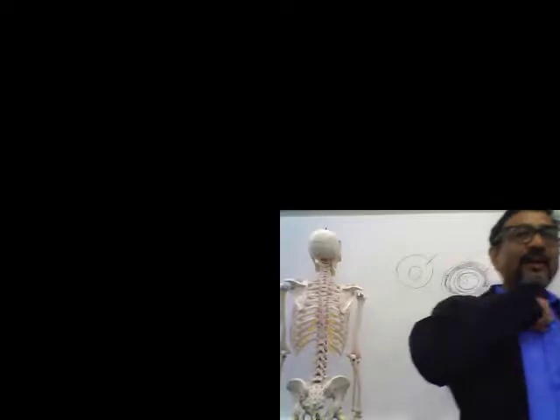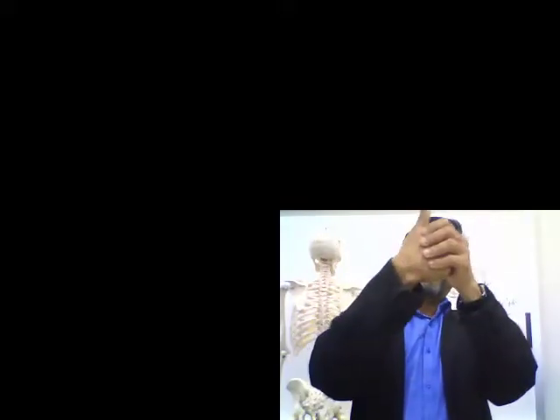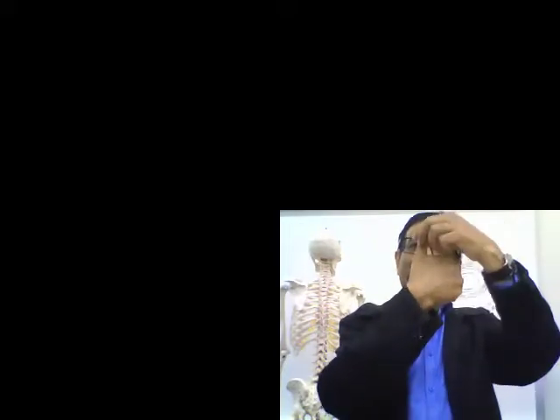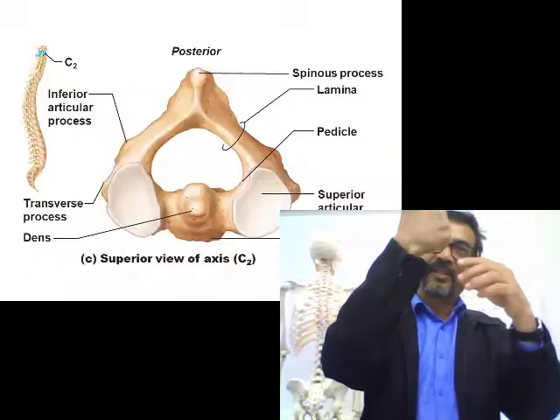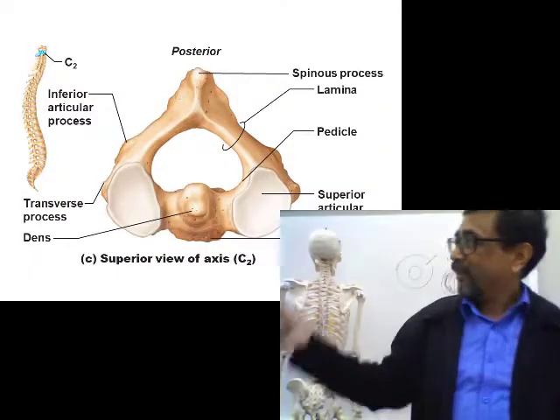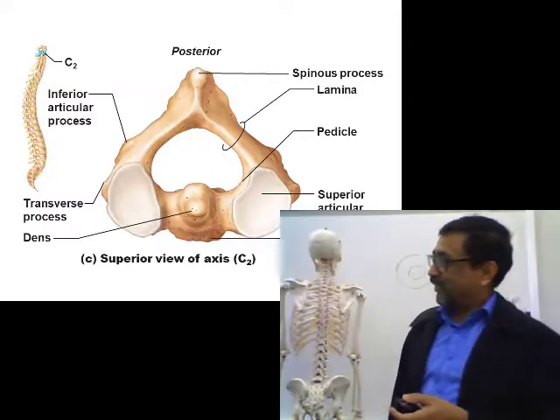This one has a body, but how is it different from other typical vertebrae? Because from the body, a finger-like structure sticks out. This is only in C2. No other vertebrae has this structure from the body, and this is called the dens. Now, this is the dens, the top of the body.